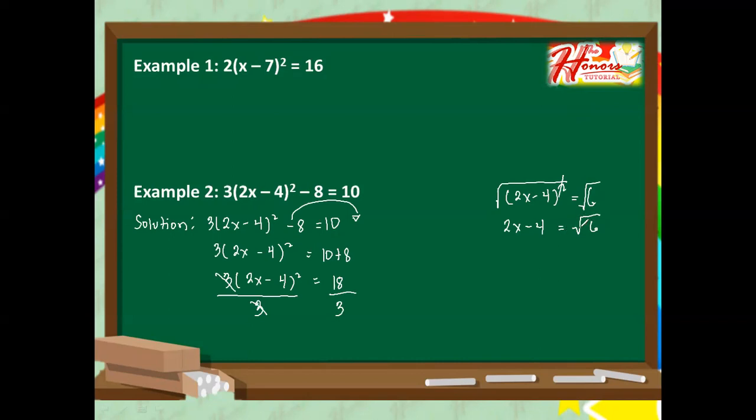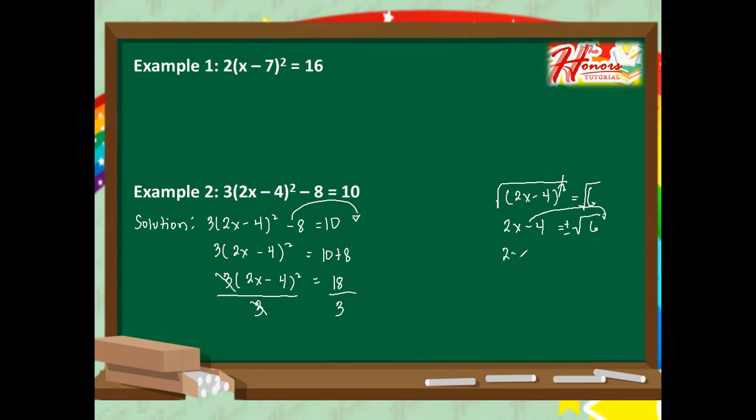As you can see, we cannot simplify square root of 6. So we have here positive, negative square root of 6. But we can simplify the left side of the equation. Now let's transpose negative 4 here to the right side of the equation.